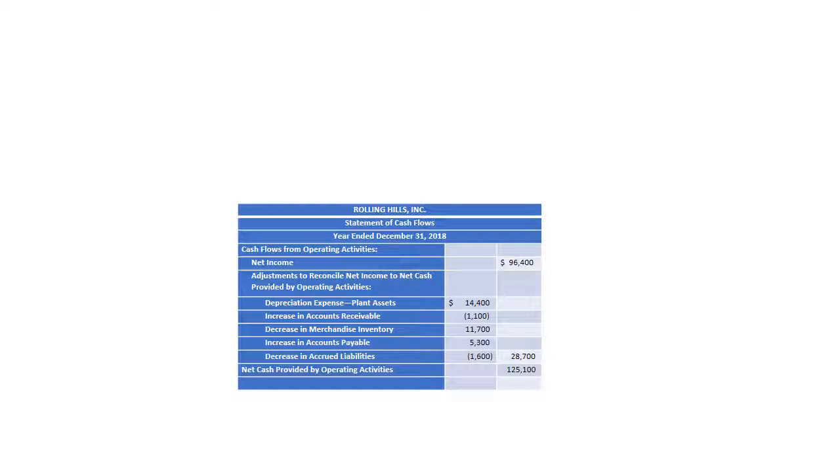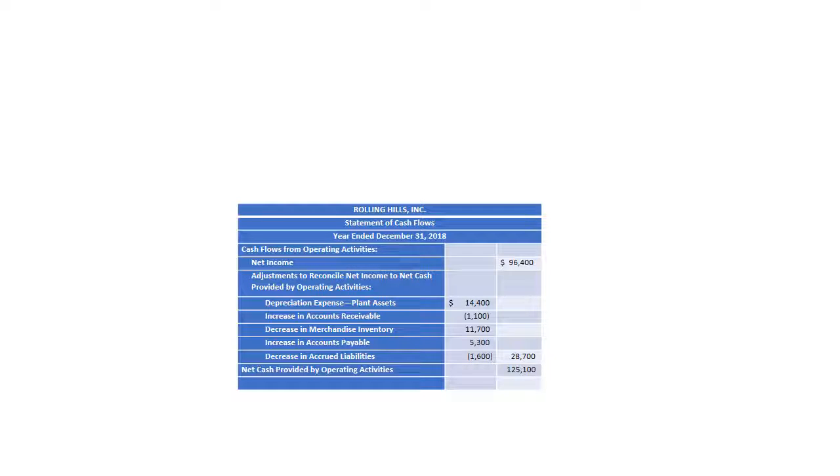The first area of Rolling Mills, Inc. statement of cash flow, year ended December 31st, is the operating activities area, so we label it as such. Cash flows from operating activities. Just like before, we start off the cash flows from operating activities with net income, $96,400.